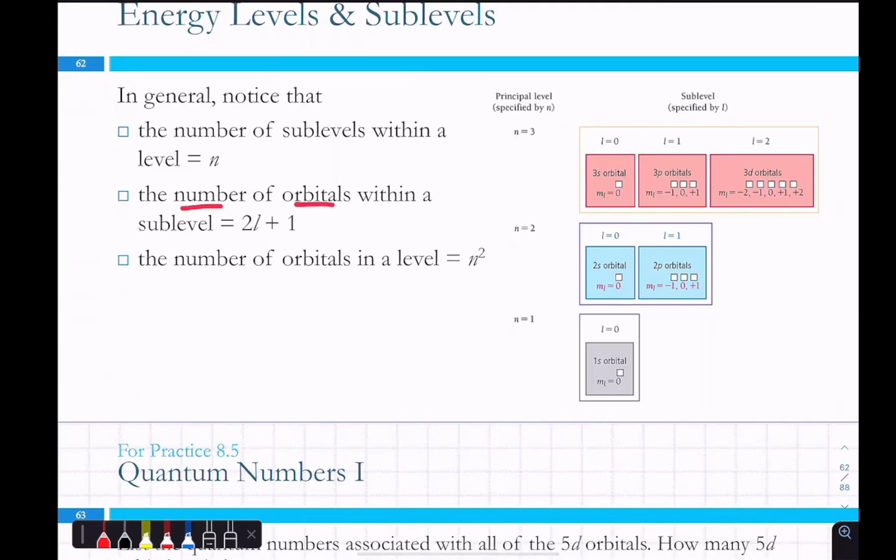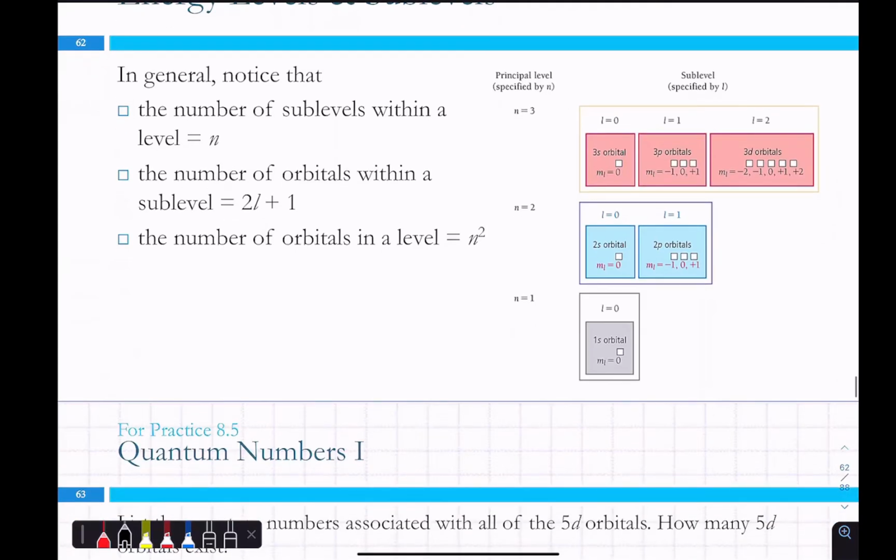The number of orbitals within a sublevel is 2 times L plus 1. So if L equals 1, 2 times 1 plus 1 equals 3.